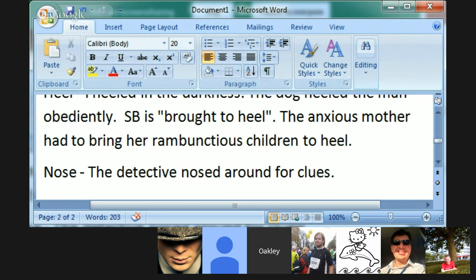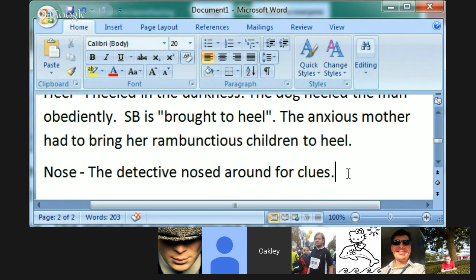So he searched or looked for clues or information, or maybe he questioned people, maybe he went to the crime scene, all those things. You nose around, you try to find out information. So yes, it can be used that way.